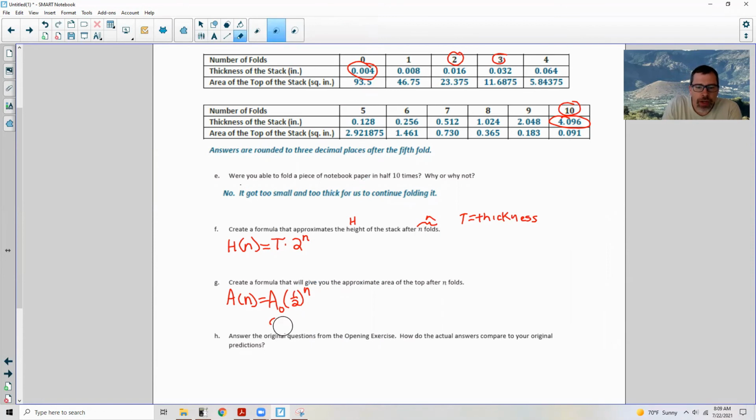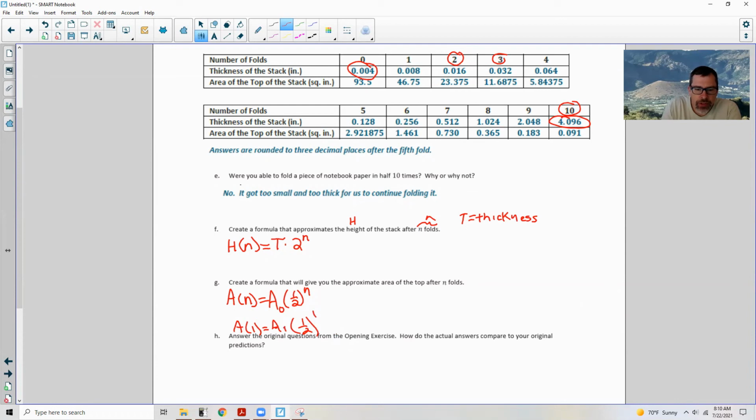Okay. So now if I check a sub 1, the area after one fold would be 1/2. So a sub 1 equals a sub 1 times 1/2 to the 1.